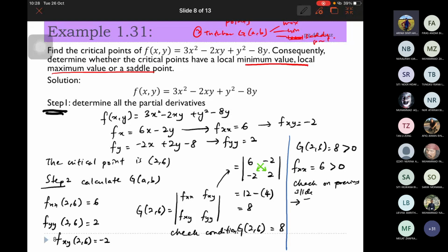Local minimum point. Okay. Atau local minimum value. So that is how we determine this is how we determine the point, adakah dia critical maximum, critical minimum atau saddle point. By comparing with the function.